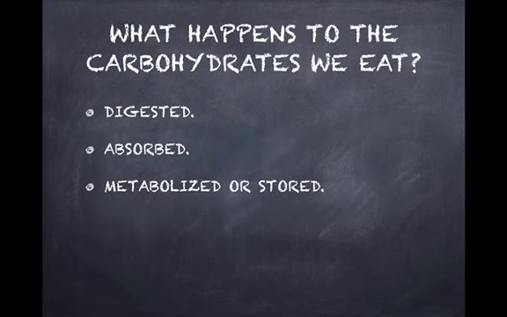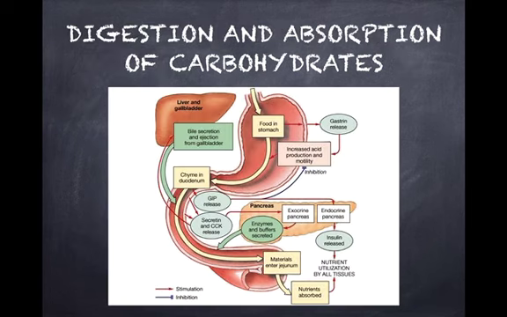So what we need to talk about first with this whole carbohydrate thing is exactly what our body does with them when we eat them, and why this can be bad and why this can be good. The first thing that happens is digestion, and this image isn't exclusive to carbohydrates, but it gives a good overview of a lot of the structures involved.